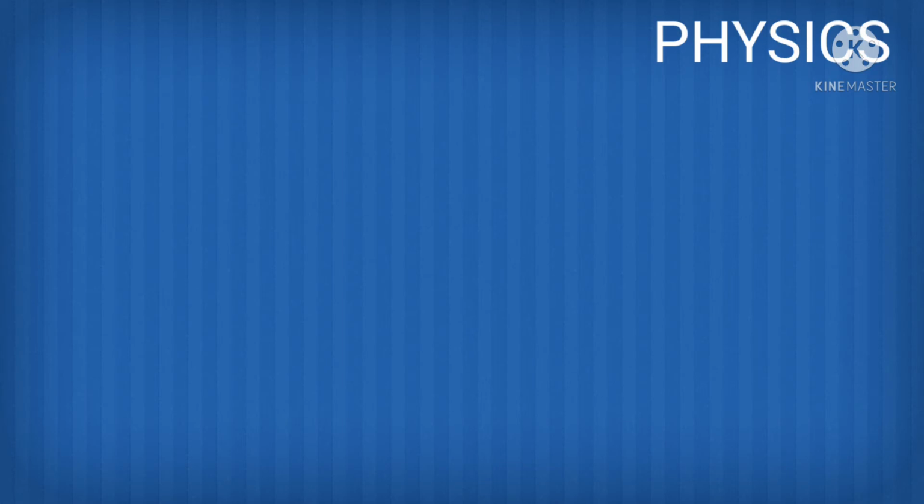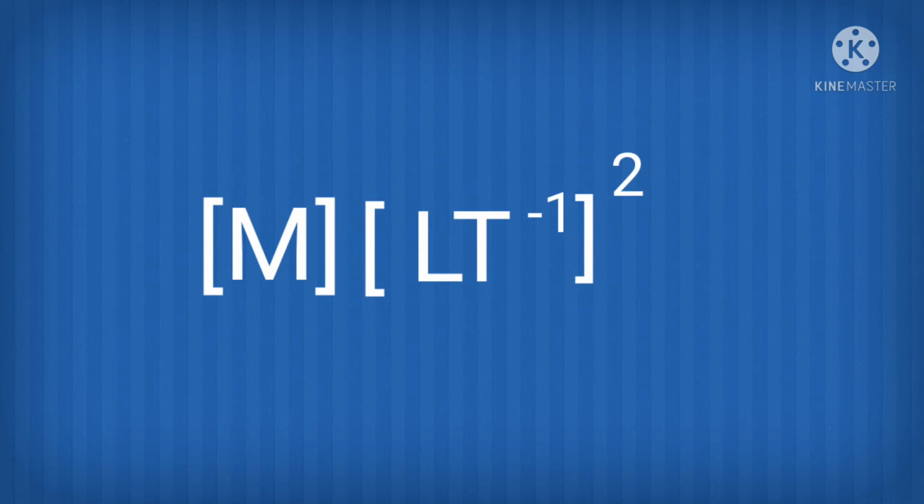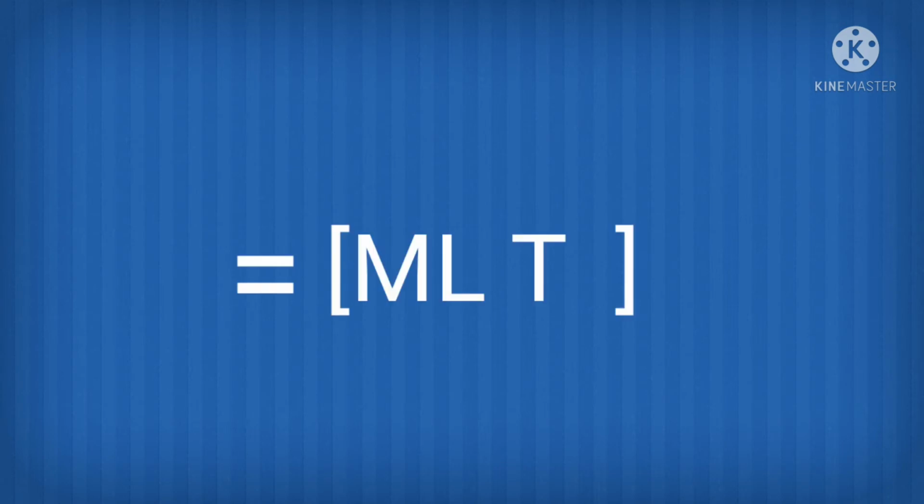Therefore, the dimensional formula for mass is M, the dimensional formula for velocity is LT power minus 1, and we have to put a square over it, which is equal to M L square T power minus 2. We have to square L, so L square T power minus 1 the whole square equal to T power minus 2. This is the left hand side of the equation.